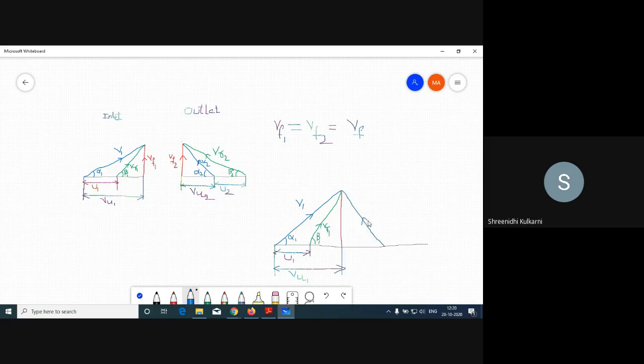So the outlet velocity triangle, I will call this B2, and this is beta 2, and this is VR2, and this is alpha 2.